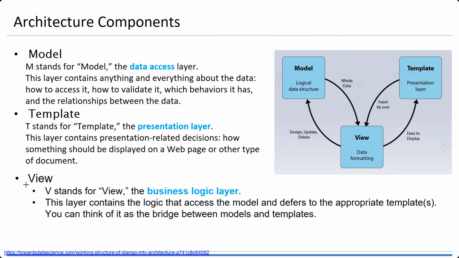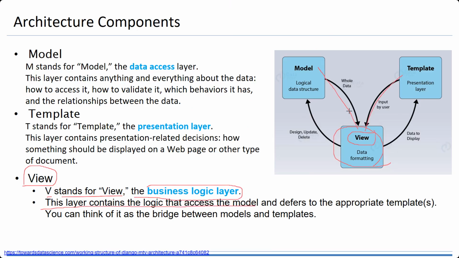And the last one, we call it view. V stands for view. So this is the business logic layer. Here, the view is the bridge between the model and the template. This layer contains the logic that accesses the model.